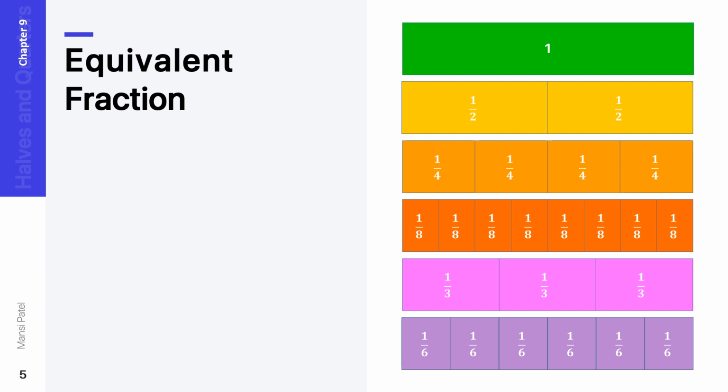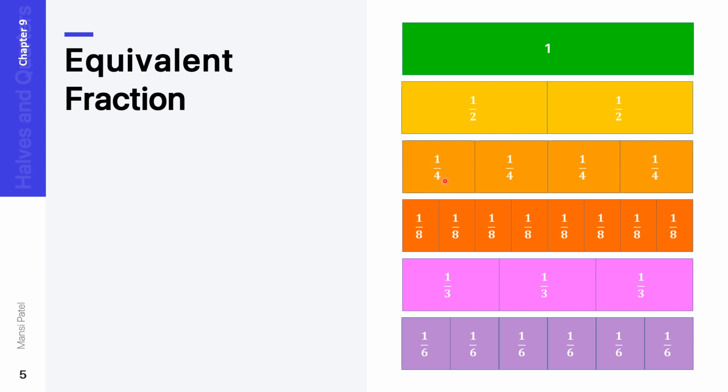See here in this image, this is the first one, the whole rectangle. After that, we divide this rectangle into two equal parts. So what is the fraction of each part? That is 1 upon 2. Again, we divide these two equal parts into four equal parts, and the fraction of each part is 1 upon 4.